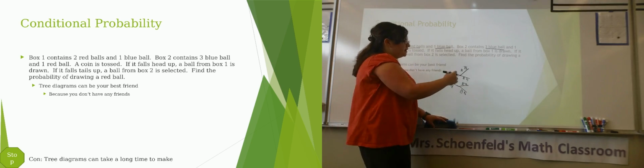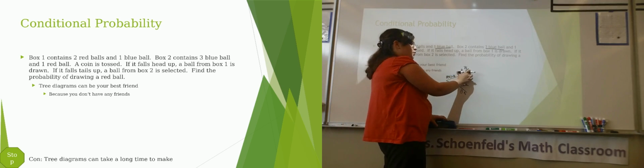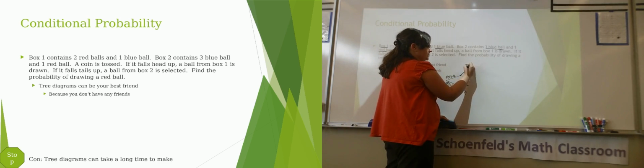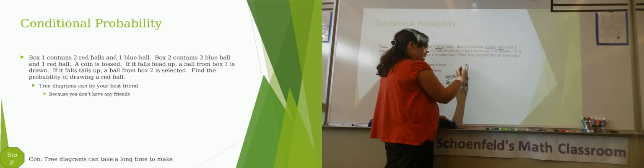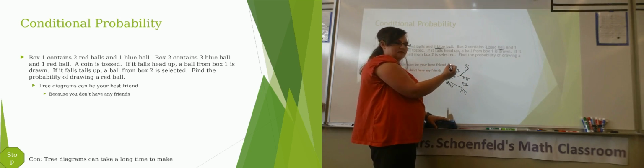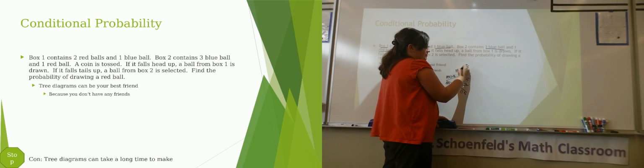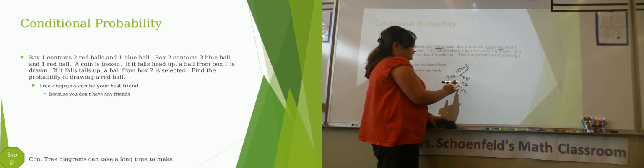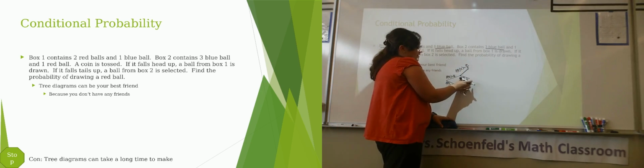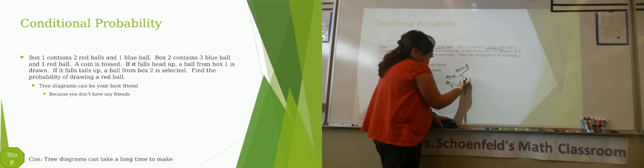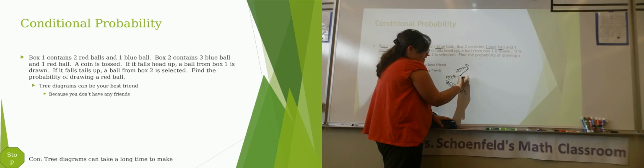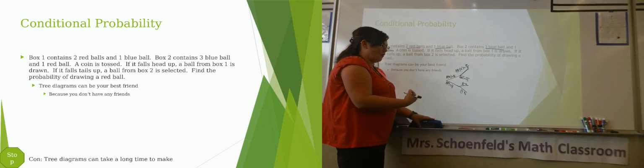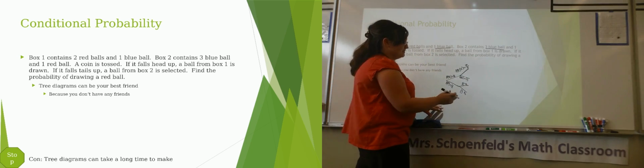Okay. But here, the weird part about this red, so it's still 2/3, is that it's the probability of red given that I have heads. This one is the probability of getting a blue given that I had a head on my coin.